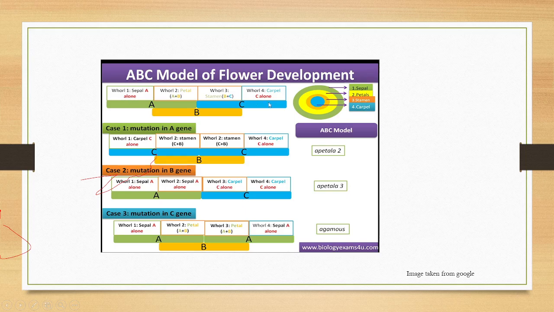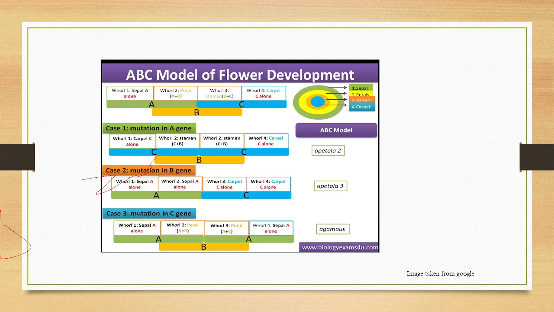Outermost is your sepal, innermost is your carpel. And how mutation in any of the genes can change the physiology and the floral arrangement of the plant. So I hope this ABC model of flower development is clear.